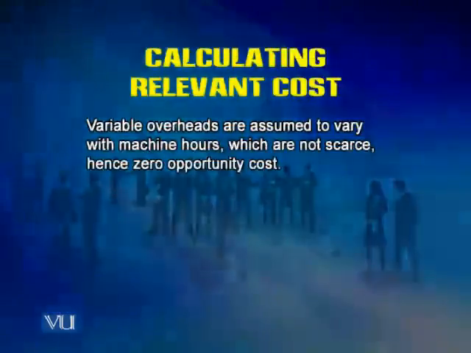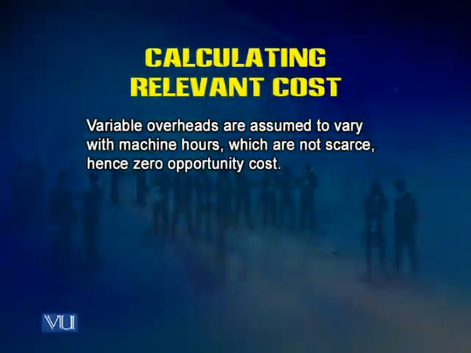So this is the way in which we have calculated relevant cost for material as 4.4, labor as 11.8, variable overheads as 1 with no opportunity cost because it relates to machines, and fixed overheads as relevant cost as nil because it does not vary with the changes in production. Variable overheads are assumed to vary with machine hours, which are not scarce, hence zero opportunity cost.